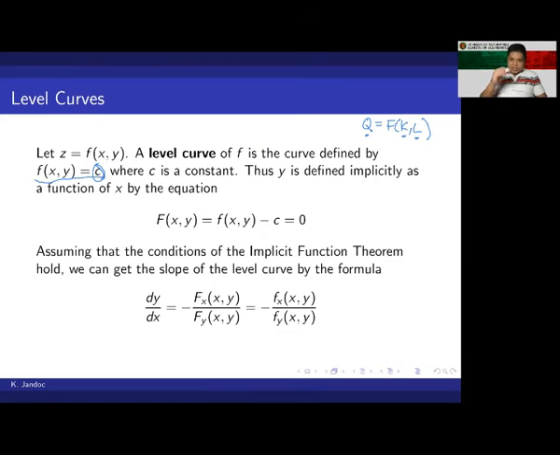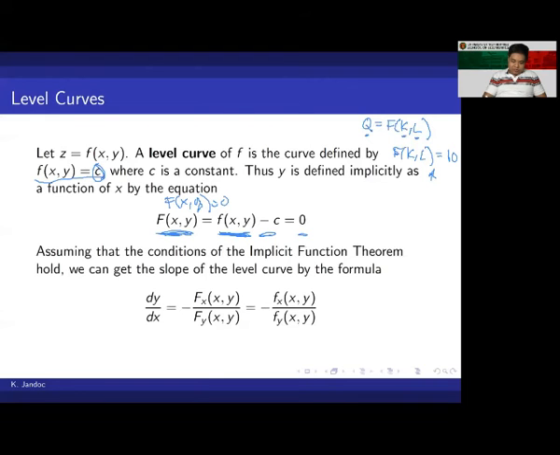When we set a particular amount of output, say f(K, L) equals 10, that's a level curve. Notice that you can define this implicitly by this equation, where you have your function small f(x, y) minus c equals 0. So that's of the form F(x, y) equals 0.